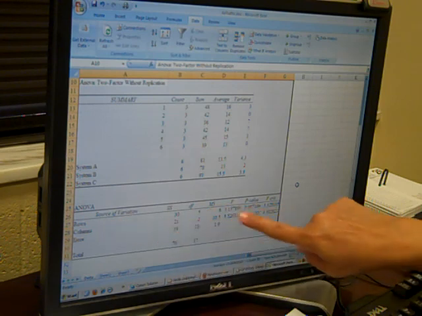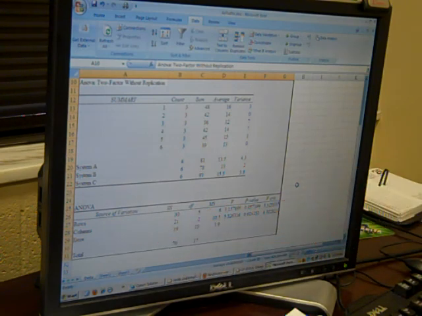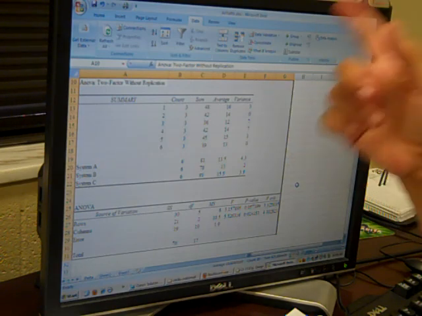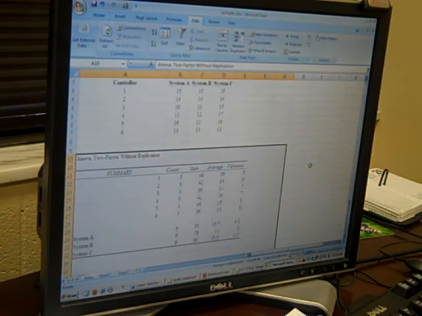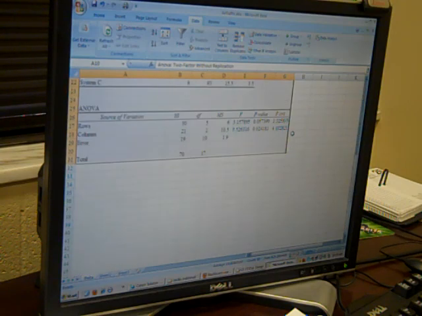If there are no differences in the block, what you have to do is run the simple ANOVA and see if there are differences in the treatments or in these three systems. Basically, that's it. And we found, because this 0.02 is less than 0.05, we reject the null hypothesis and we conclude that not all the means are equal.